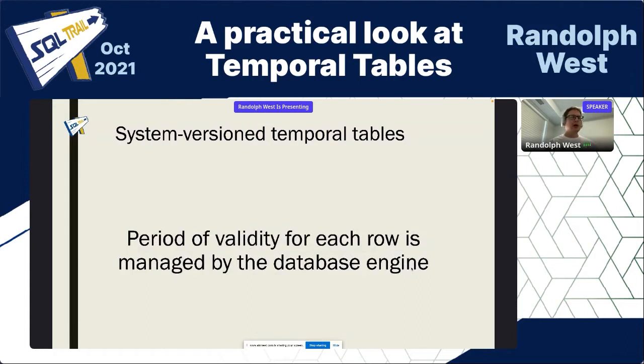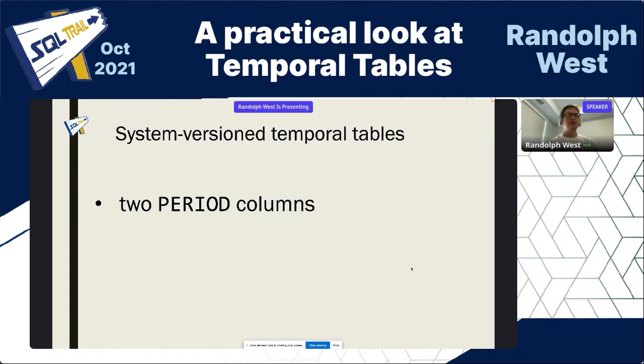Each row has a version, and that version is indicated in different columns. And the period of validity for each row is managed by the database engine. In other words, you don't have to worry about things like when was the row updated, how long is it valid for. That's why it's called system versioned temporal tables. A temporal table needs 2 period columns, a valid from and a valid to.